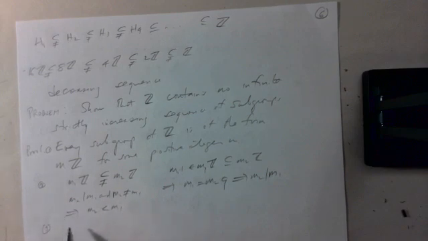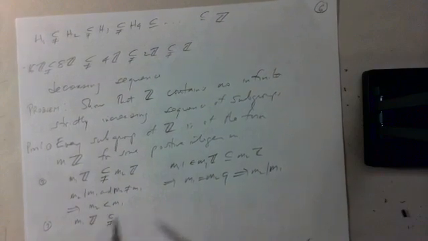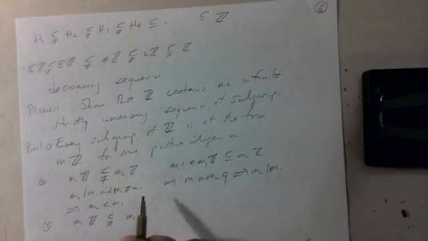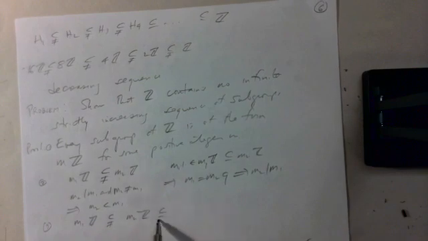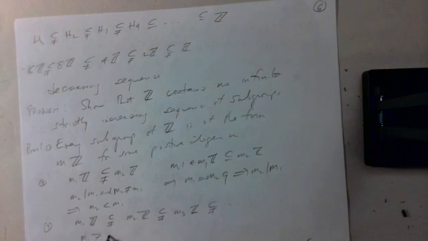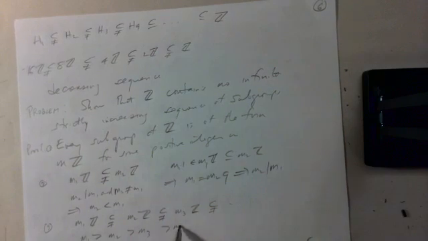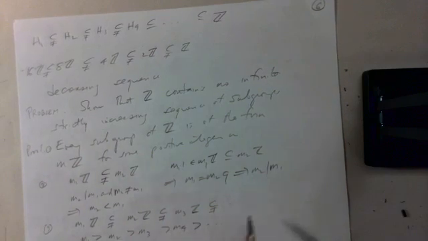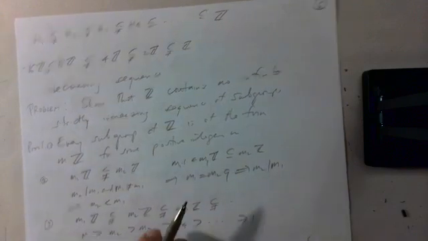So if we had some sequence of subgroups increasing and so forth, we would have M1 bigger than M2, bigger than M3, bigger than M4, but these are all positive integers.